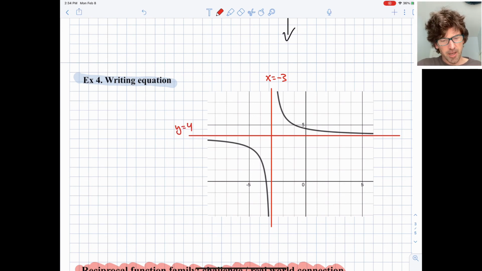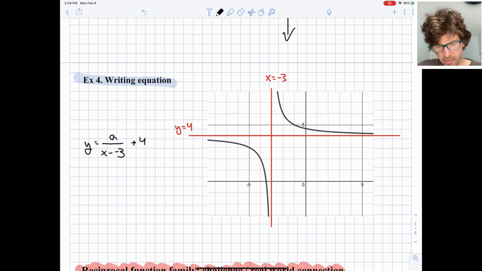Okay, and so those are the values of h and k, so we can throw that into our equation, and we still need to think about what a is. It looks like this function has been stretched vertically. So we have y equals a over x minus a -3 and then plus a 4.